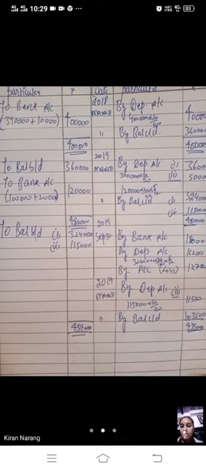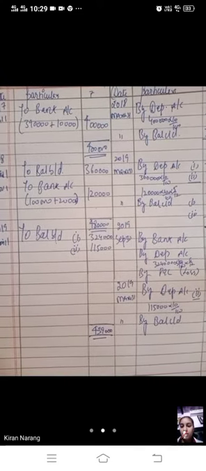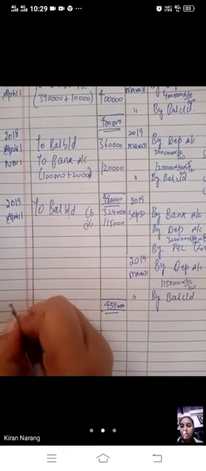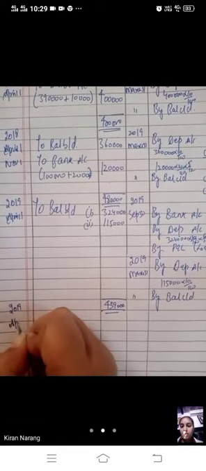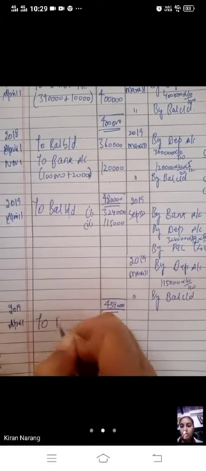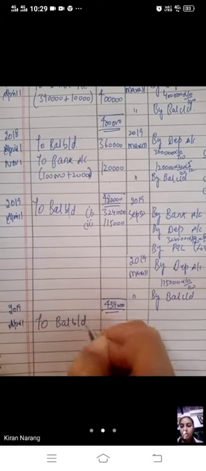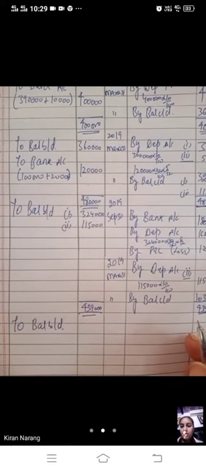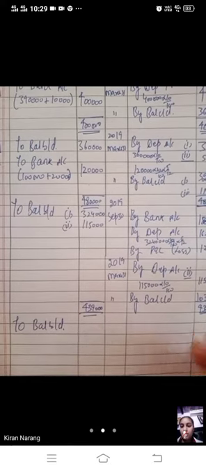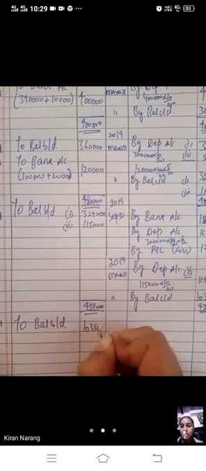4,39,000. So they said to prepare the machine account till 2020. 2020 you have to make it till. So April 1 next year will start. Balance brought down. This balance brought down will be 103500.